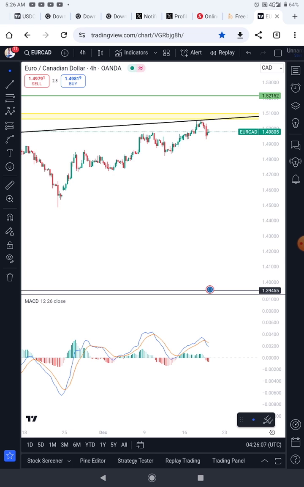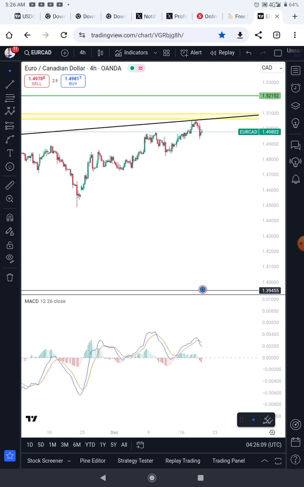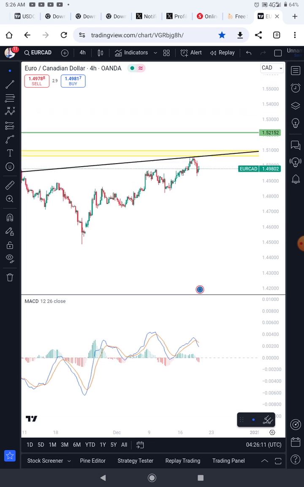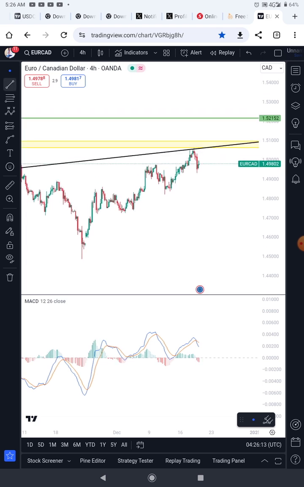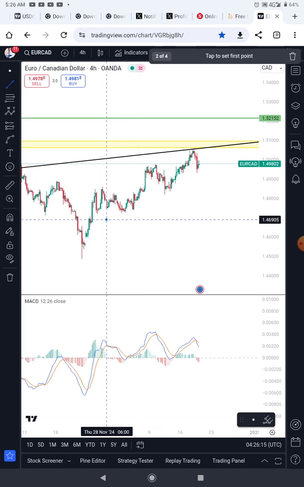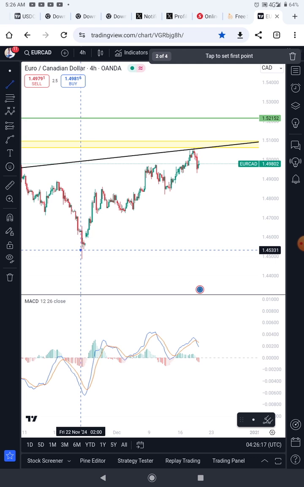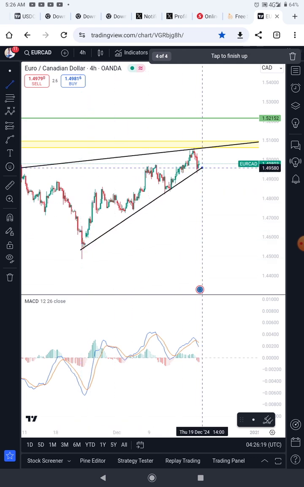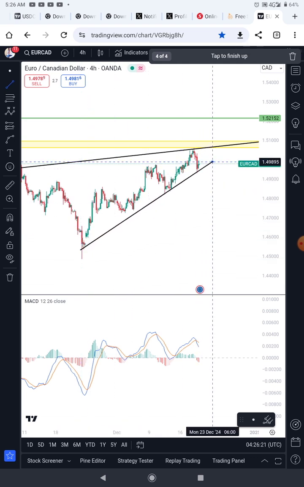A lower low is formed here, right? Okay, now the best way you play this is this. Let's see, can we draw a trend line? Oh, possibly. Yes, we can.